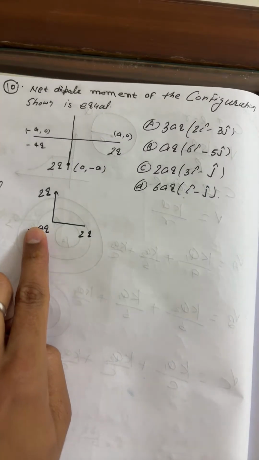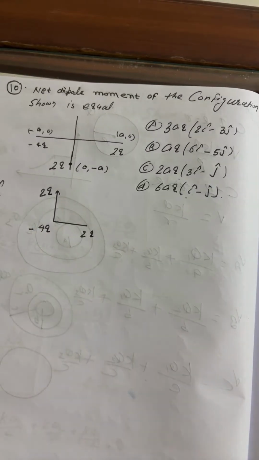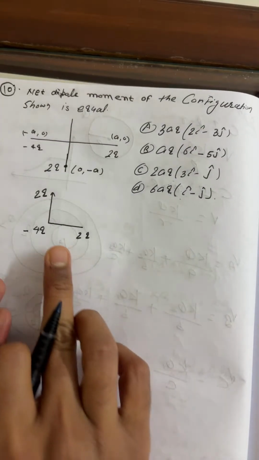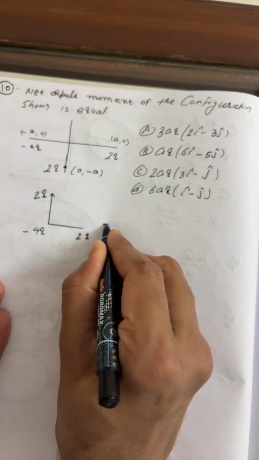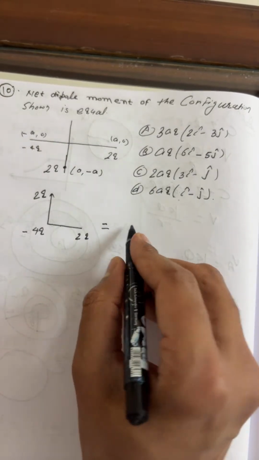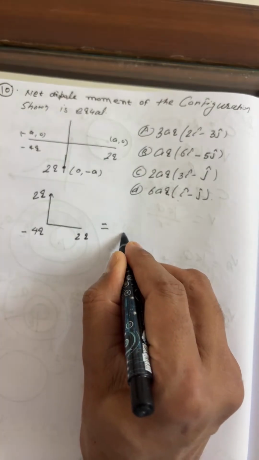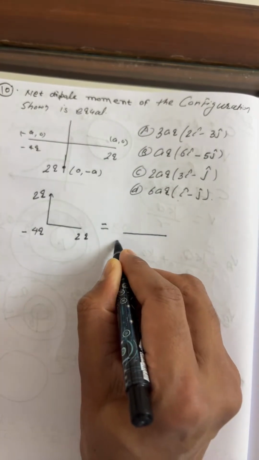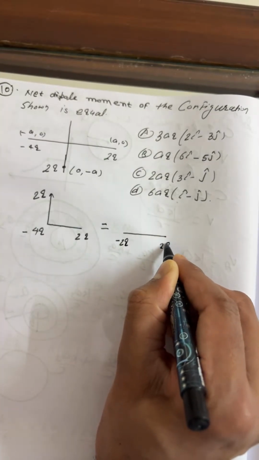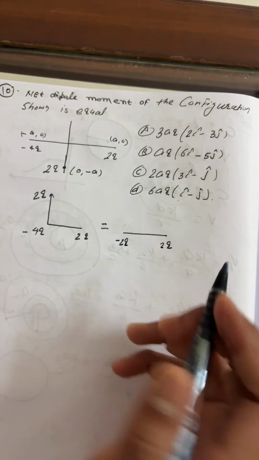But here you can't directly form a dipole. Then what can you do? This is the concept I can apply over here: you can break this. You can frame minus 2q and 2q, it's one dipole.